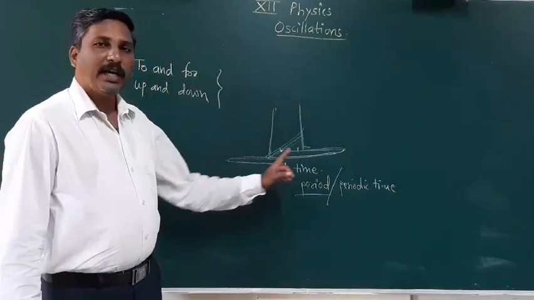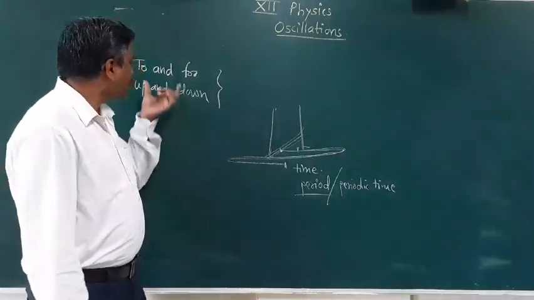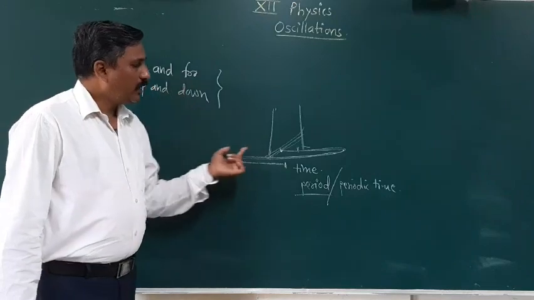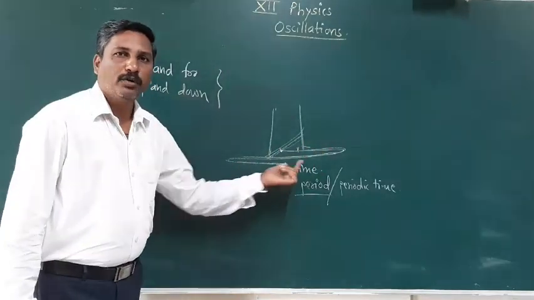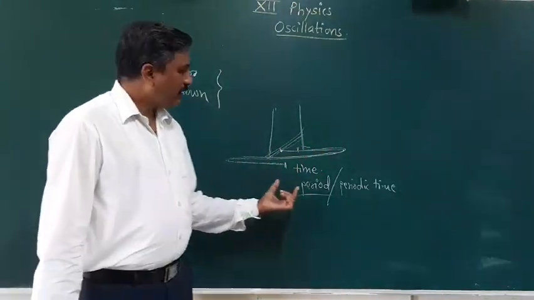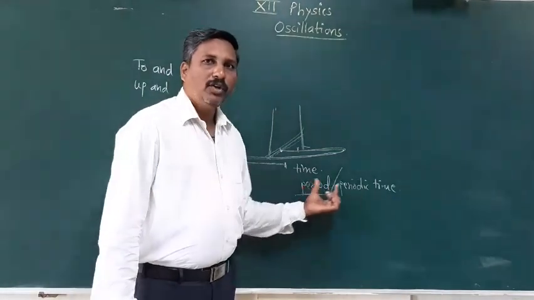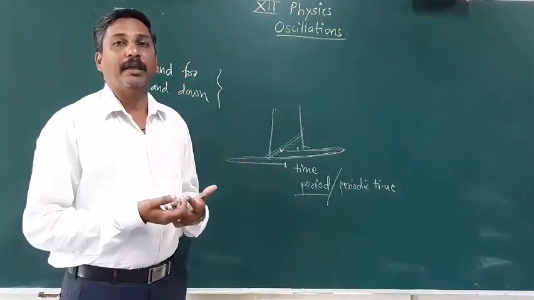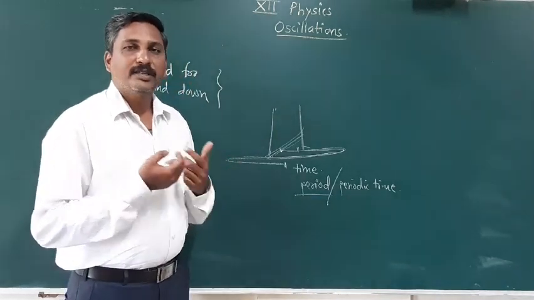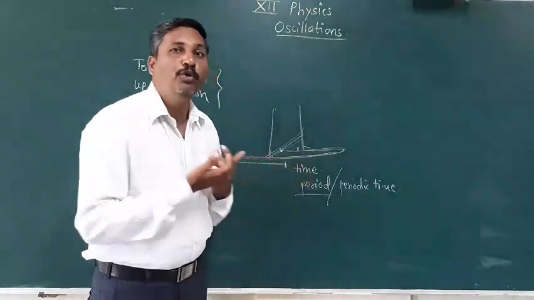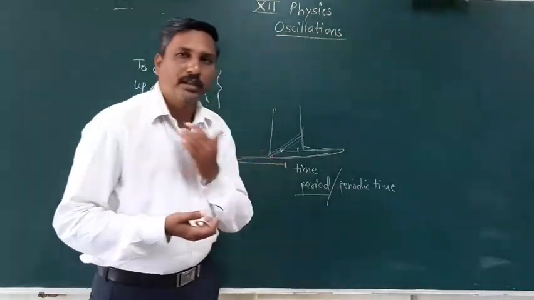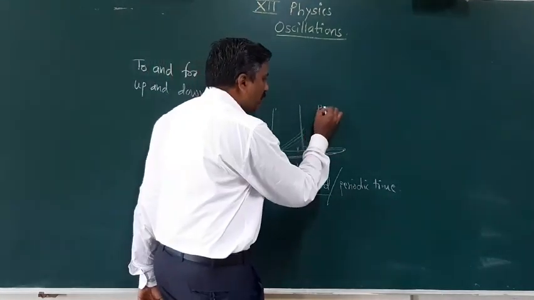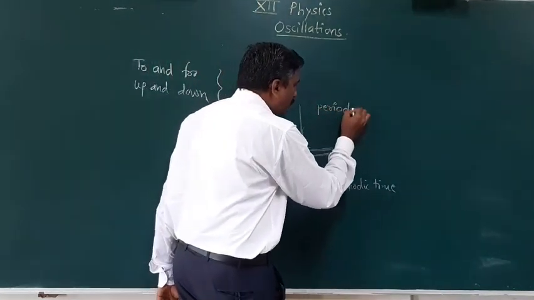The time taken by a body to complete to and fro motion or up and down motion about the same path is called the period. If it takes the same time for each movement, for each oscillation, then we say that the motion is periodic motion.